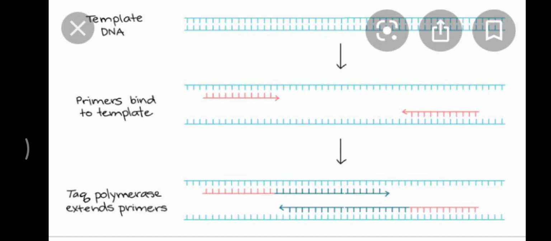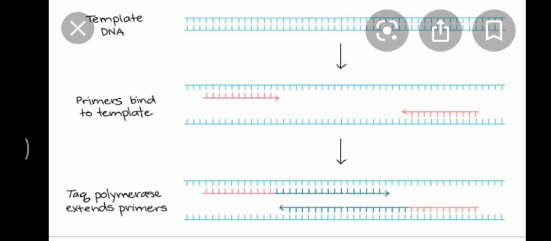The B figure is showing the annealing, where the primer is added to the template strand, and this will initiate the Taq polymerase enzyme to further extend the new chain of DNA by adding nucleotides.